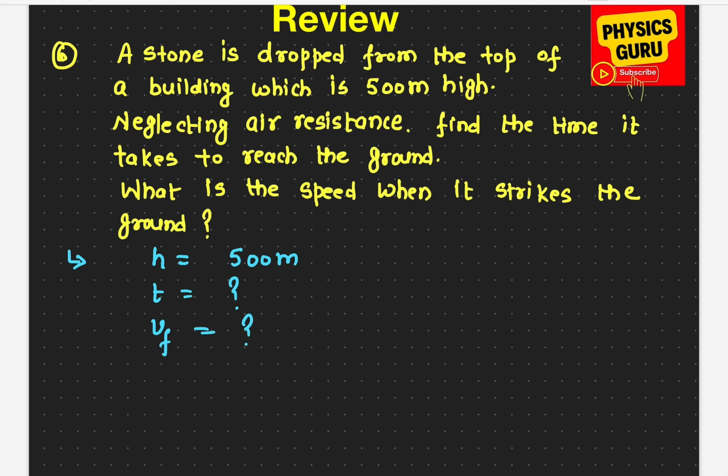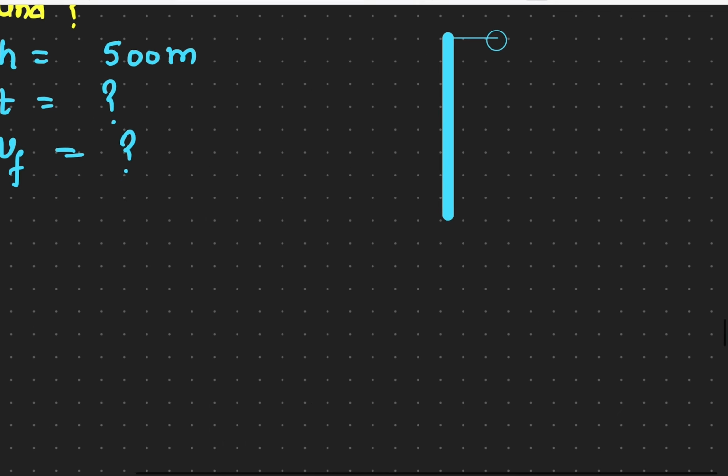So let's say this is a 500 meter tall building, and you drop a stone here. When it comes to ground level here, what is the speed and how long does it take to reach the ground, the time.